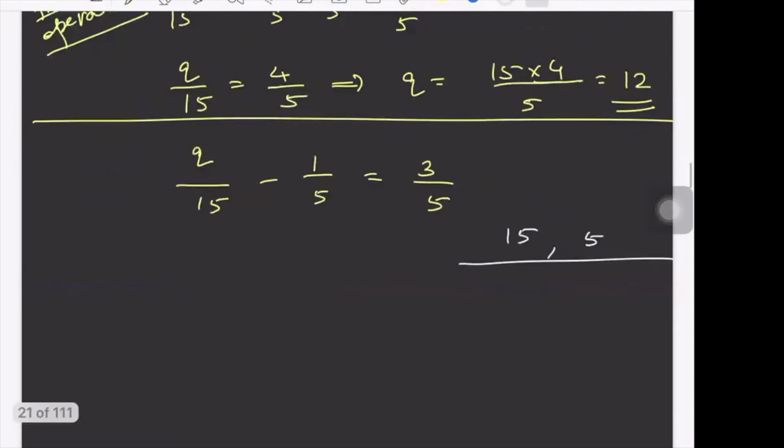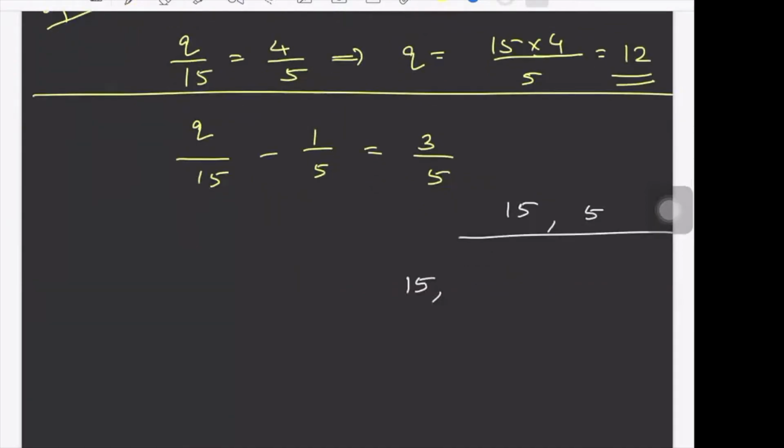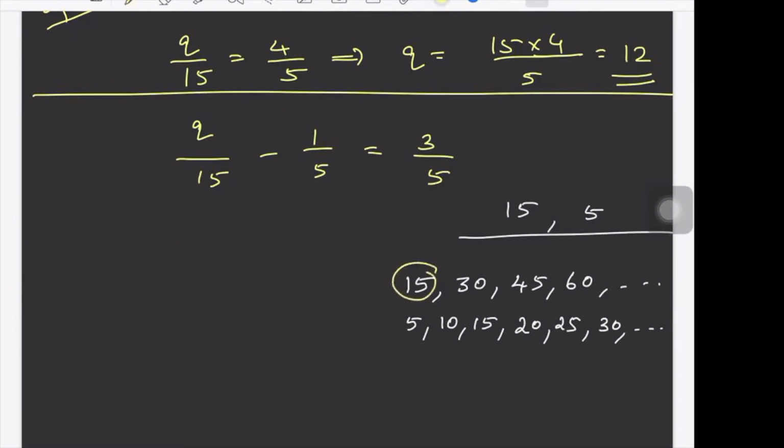Okay, now you write multiples of 15. Multiples of 15 are 1 times 15 is 15, 2 times 15 is 30, 3 times 15 is 45, 4 times 15 is 60, and so on. Multiples of 5 are 5, 10, 15, 20, 25, 30, and so on. Now, you choose a common multiple, and in fact, you choose the least common multiple.